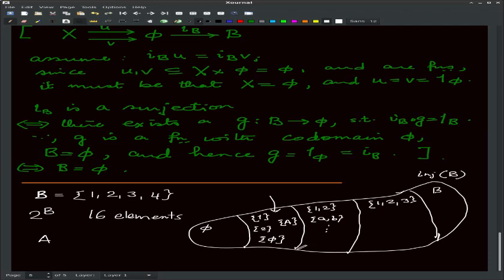So we will often call any one of them a representative of cardinality 1 in B. If I take this set, for instance, this is a representative of the cardinality 1 in B, or even this.